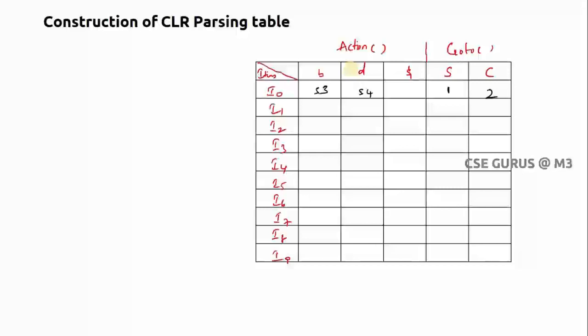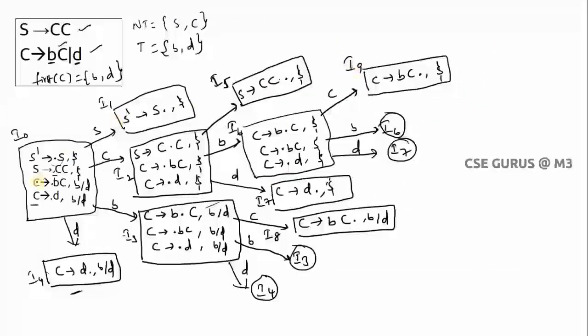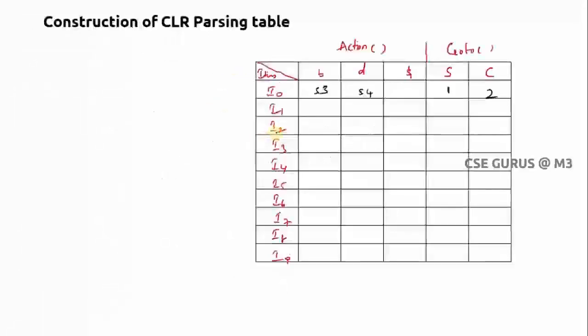Similarly, I0 is over, no. I1, is there any symbol scanned? No. I2, what are the symbols you scanned? This is uppercase C. I2 to C, it is going to I5. It's a non-terminal, that's why I'm writing only 5.